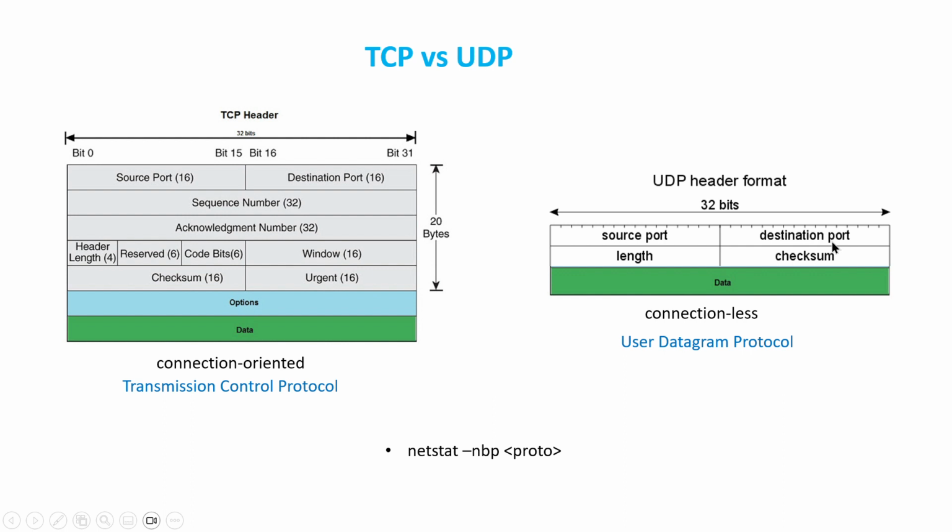Which leads us to ask the question, what is a port? You would have come across the concept of a port before, and in that concept we looked at a port as being something physical. On the switch there is this port, this slot that we plug the RJ45 cable into.